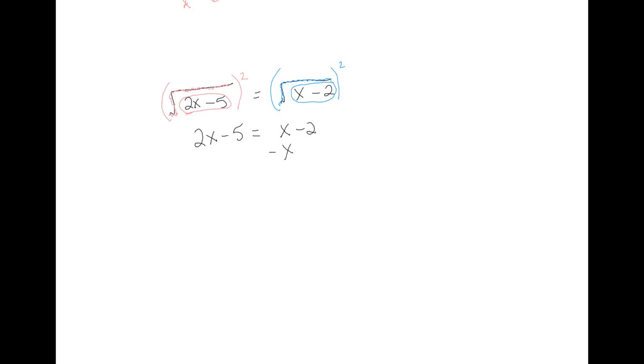You don't have to, as long as you have all of your variables on one side and all of your other stuff on the other side. X equals 3.